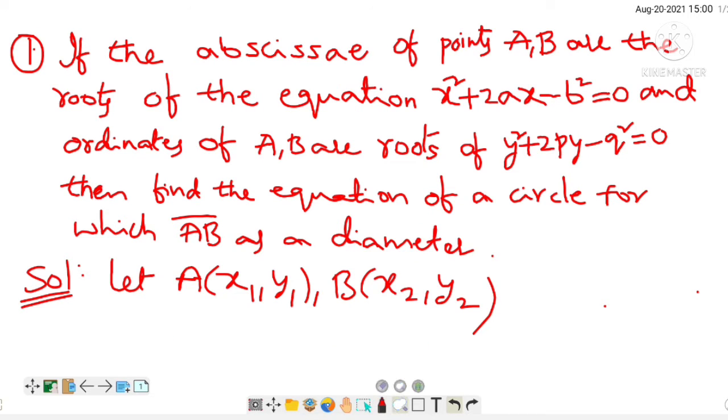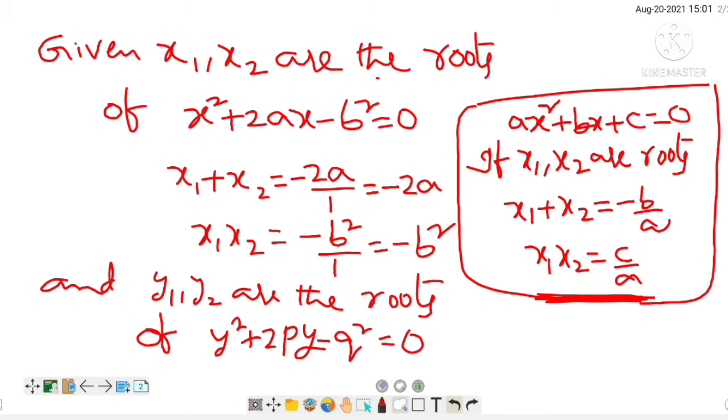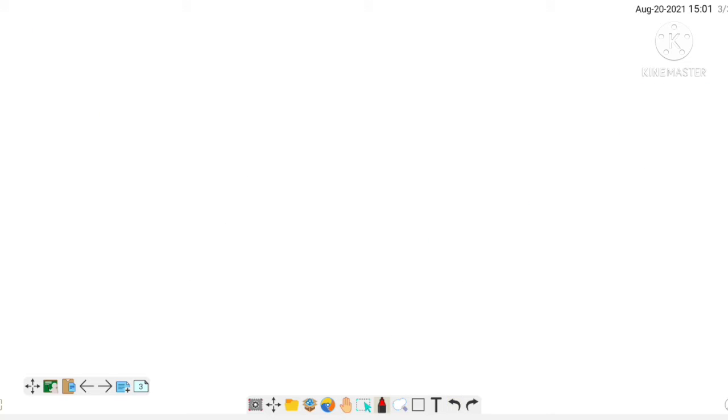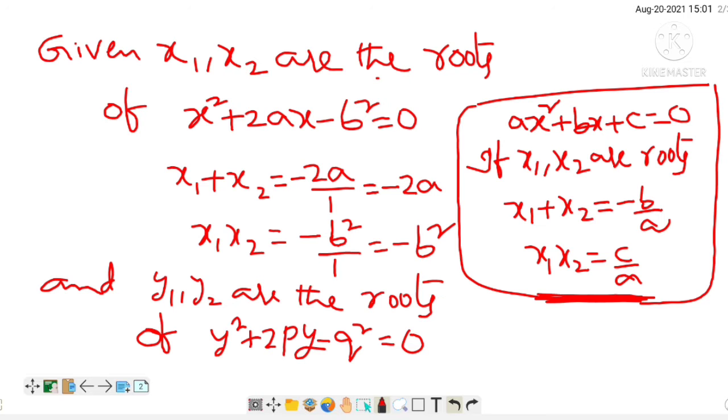So the ordinates of A, B are roots of y square plus 2py minus q square is equal to 0. So here the sum of roots y1 plus y2 is equal to minus b by a. Here the y coefficient is 2p, so minus 2p by the y square coefficient 1.